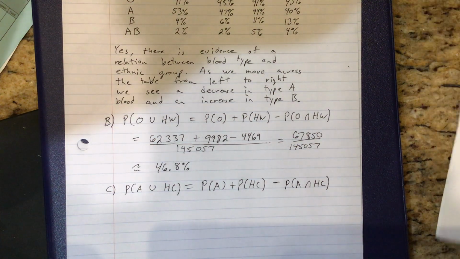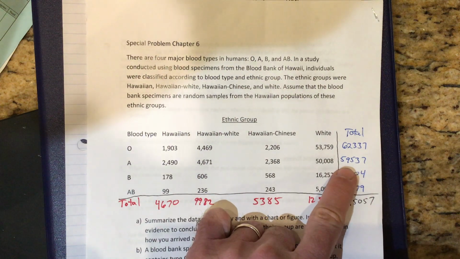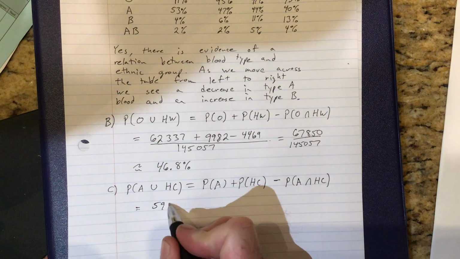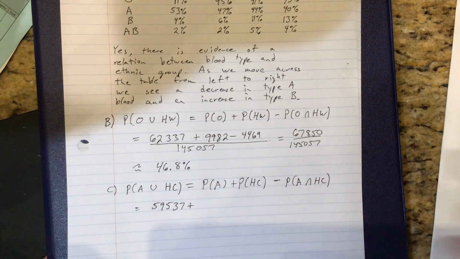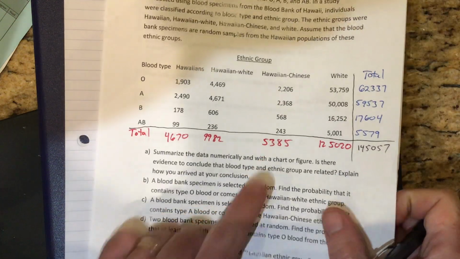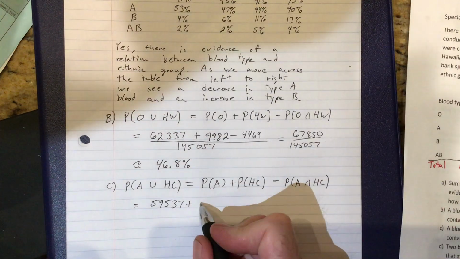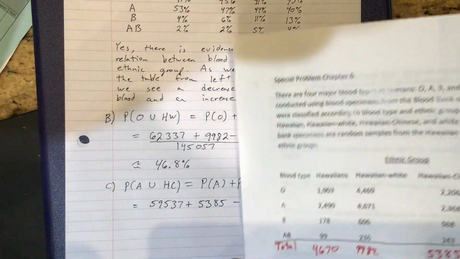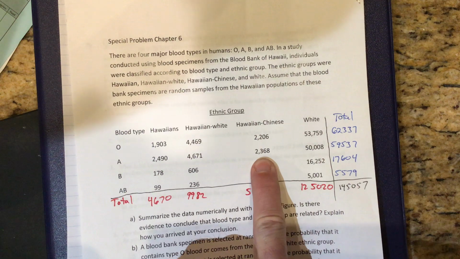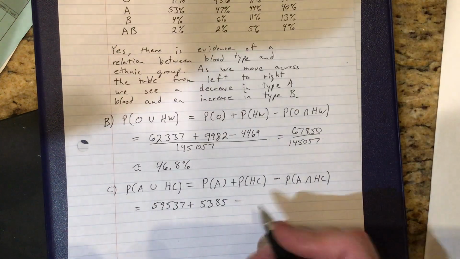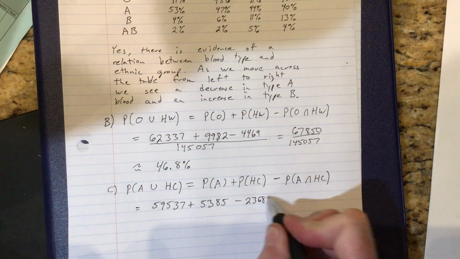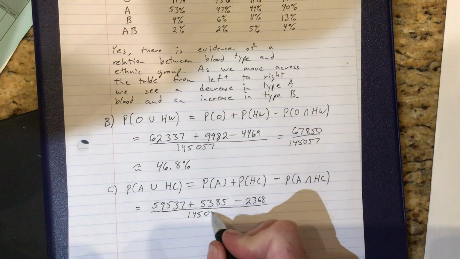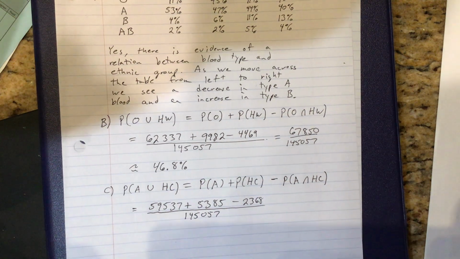Okay, so let's see. Type A, 59,537. Hawaiian Chinese, 5385. And the overlap of A and Hawaiian Chinese, 2368. Again, over the table total.